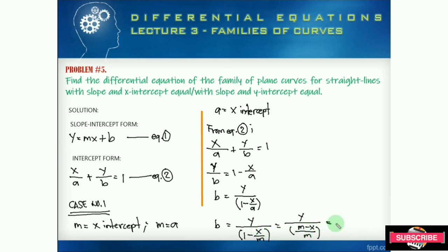So further we can say that this is just equal to my over m minus x. So we have now this value of our b in terms of m, y, and x.